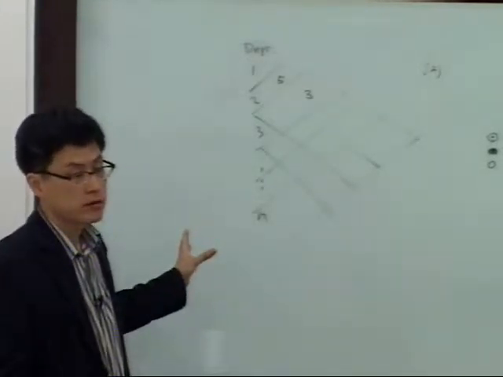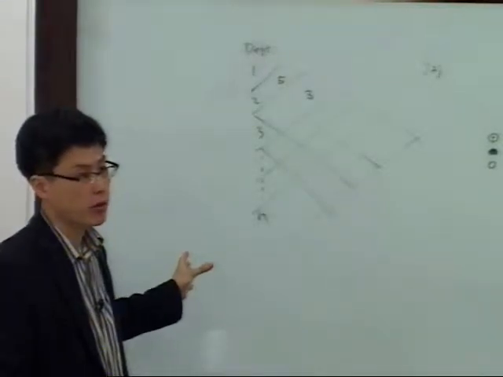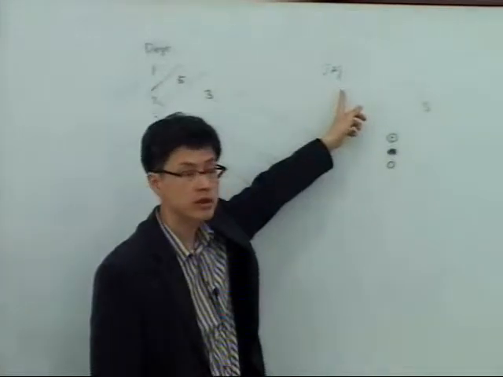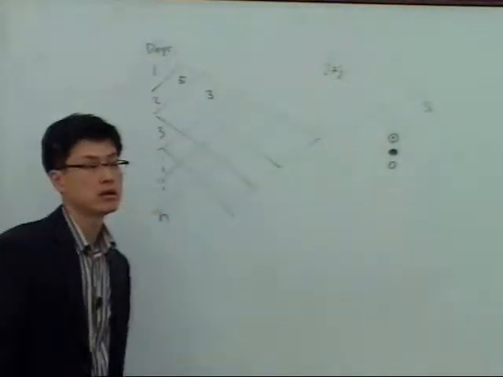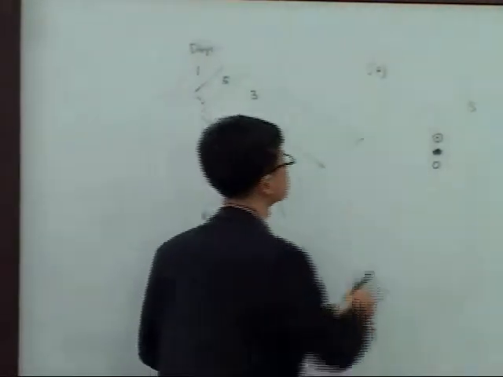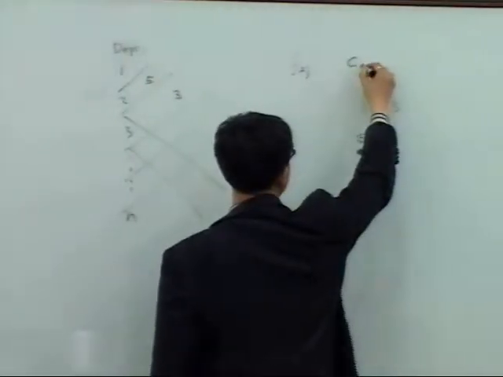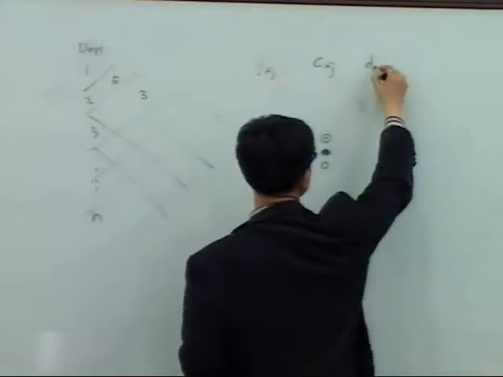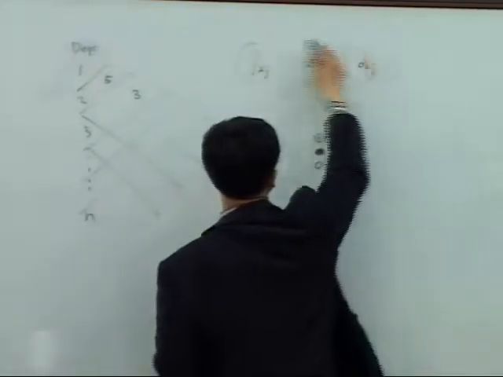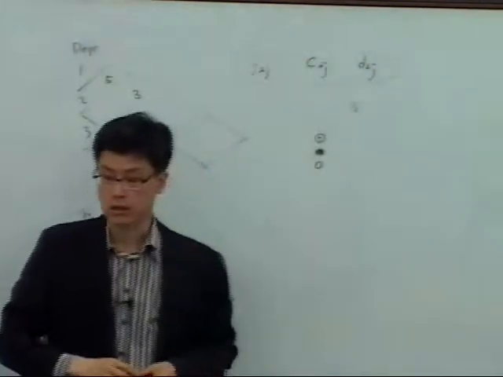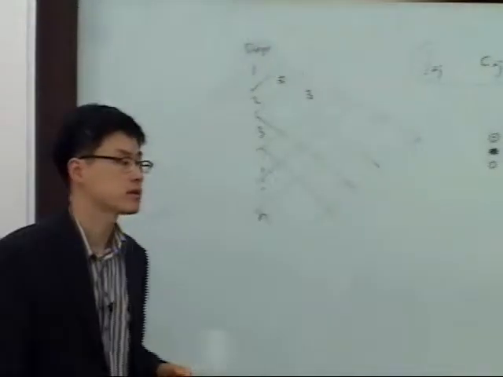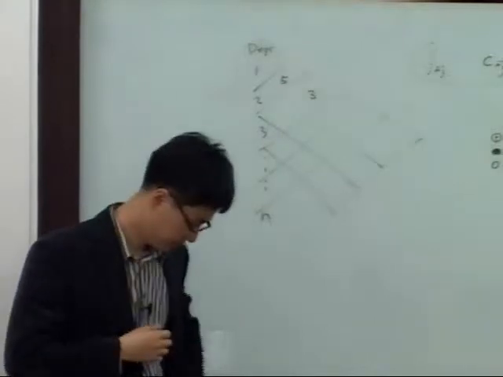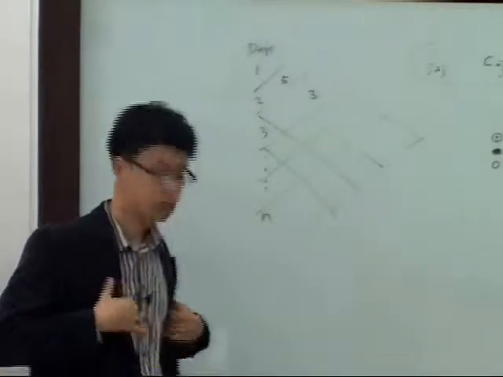Well, this is the basic. However, if you actually have this F sub ij matrix or Cij matrix or Dij matrix, you can more easily apply this to layout design. Okay, question so far?